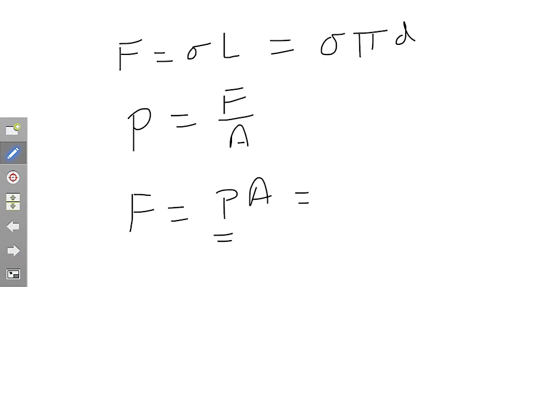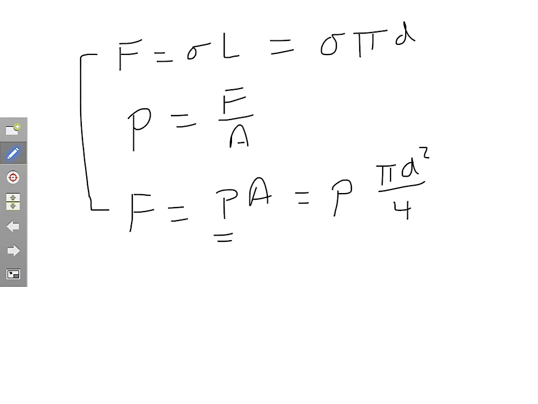So for this case, this is going to be pressure times pi d squared over 4. And we can set these two forces equal, the force of the pressure inside the droplet and that of the surface tension. And we can solve that.